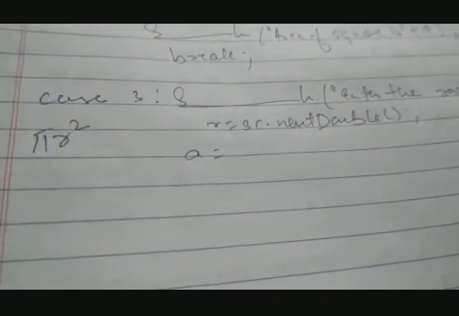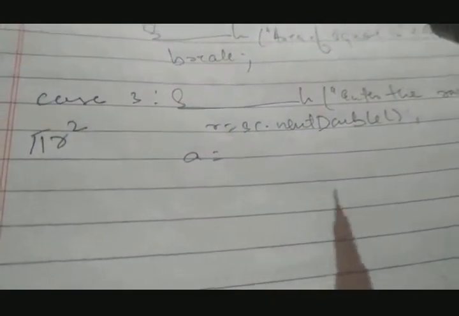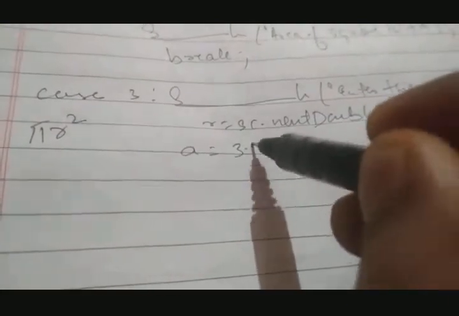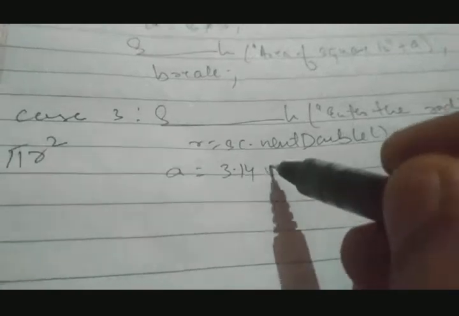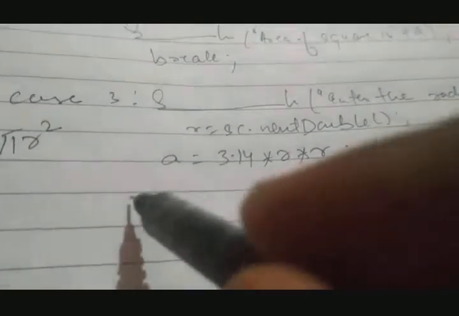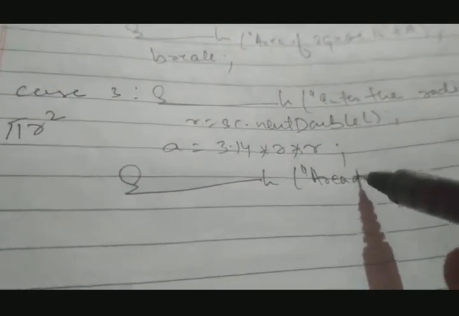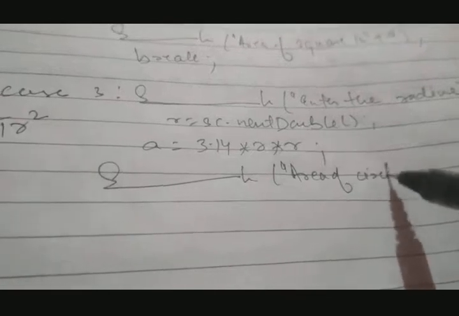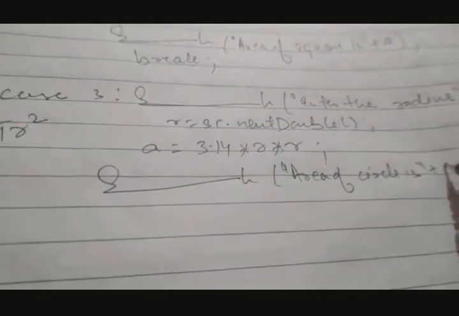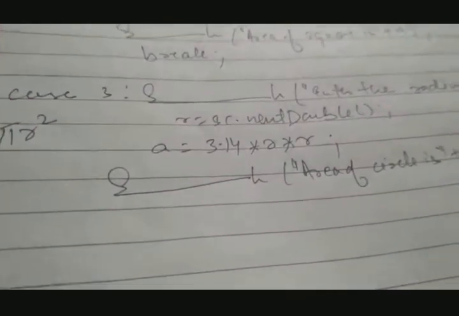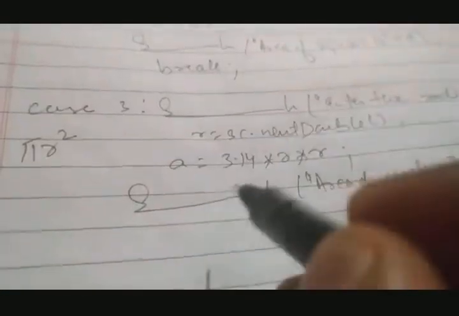Can you write a pi? So instead of pi we are going to use the value 3.14. Is it r square? R into R. Now print it. "Area of circle is" A, and then break.